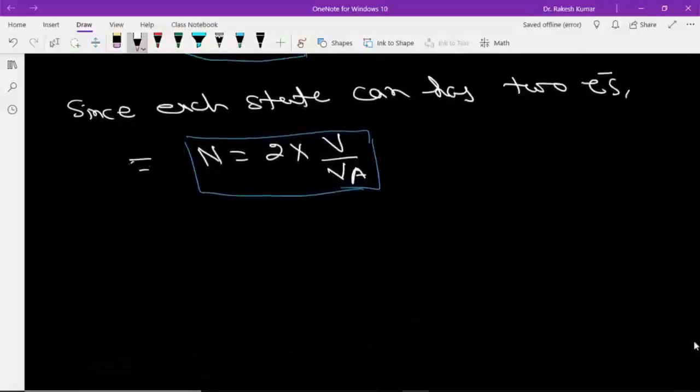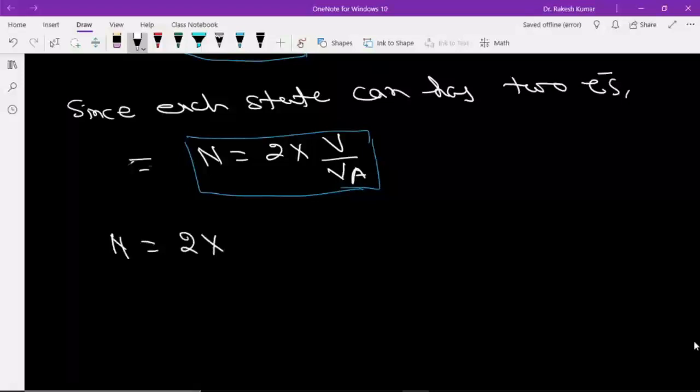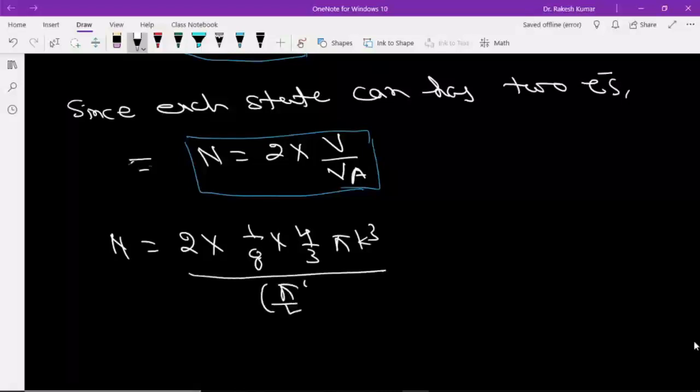And now what is this number, which is equal to 2 into, we know that what is V? It is 1 by 8 into 4 by 3 into pi k cube, and we know what is Va, that is (pi by L) cube.